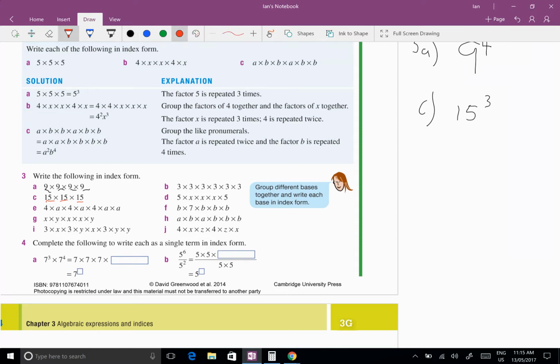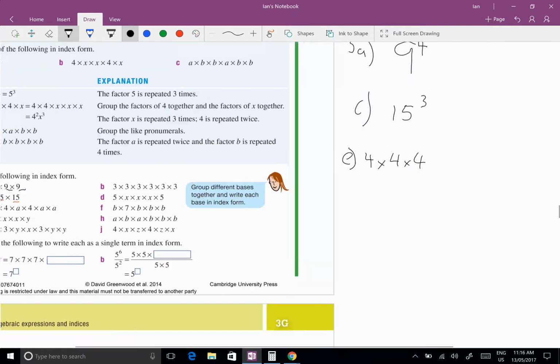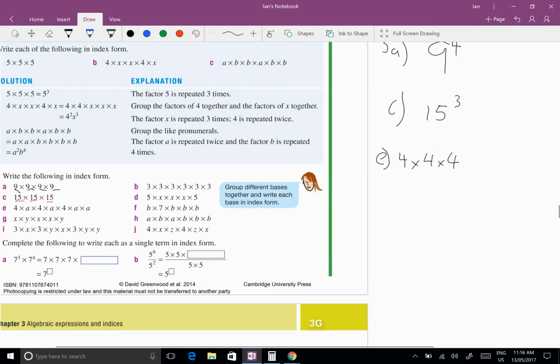I have a little bit of a difficulty in 3e because I've got all these terms that are not the same. So I just have to separate them out a bit. So 3e, I can write like this: 4 times 4 times 4, because it doesn't matter what way I multiply, and times a times a times a times a.